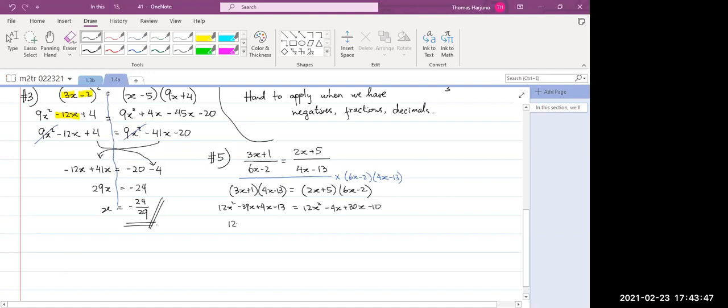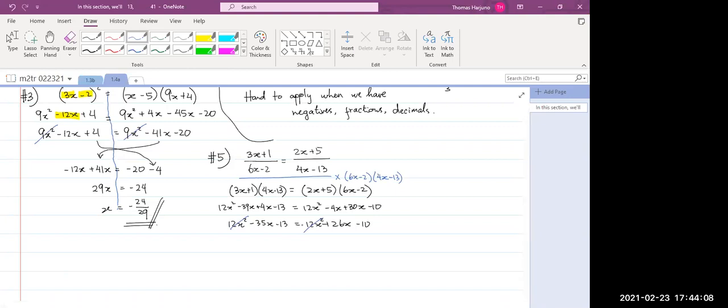Combining like terms. Oh, I noticed that 12x squared cancels. If they don't cancel, then we will have a quadratic equation. The way we attack that will be very different. Then I'll move the negative 30x to the right, becomes plus 35x.